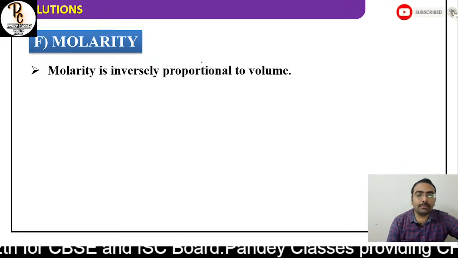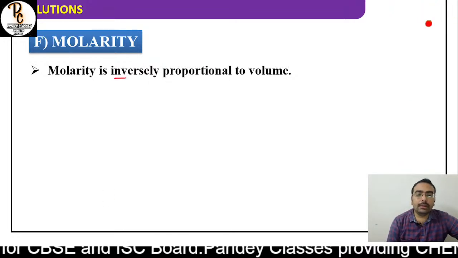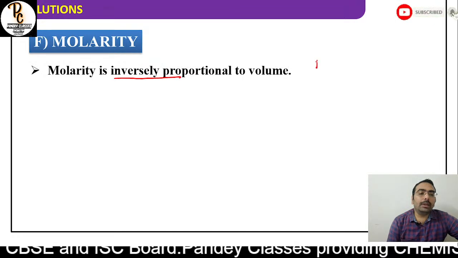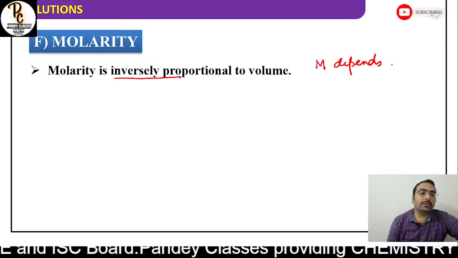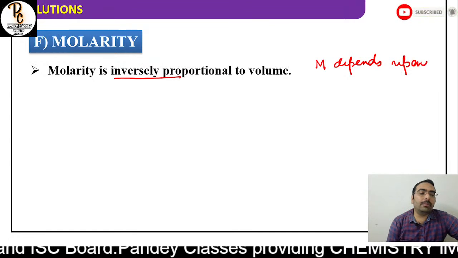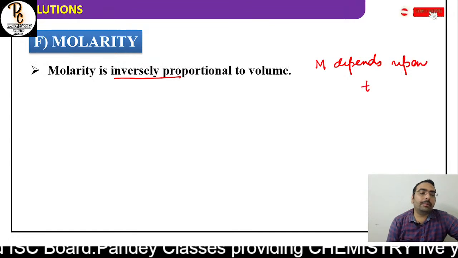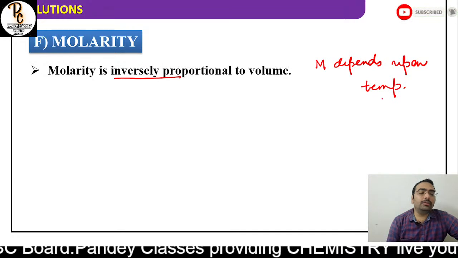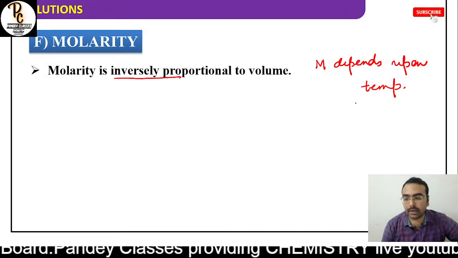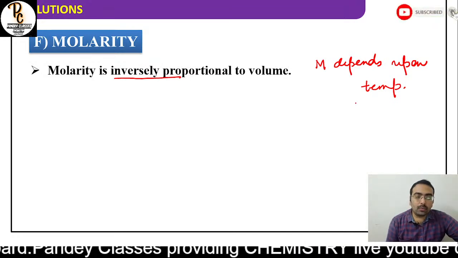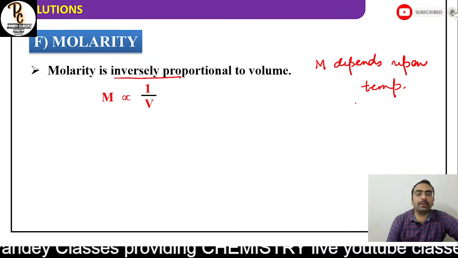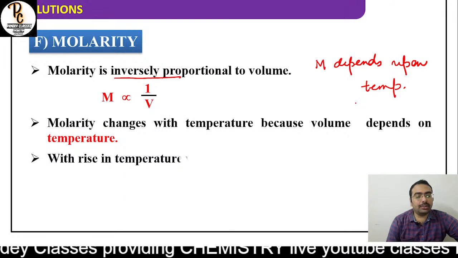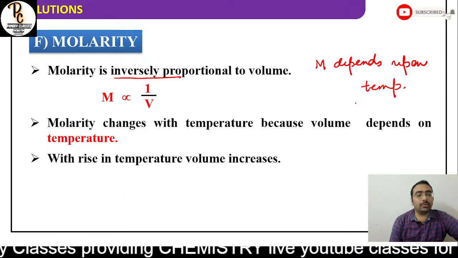If it is inversely proportional to volume, it means molarity depends upon temperature. Because when temperature is changed, what happens, volume also changes. So molarity changes with temperature because volume depends on temperature.